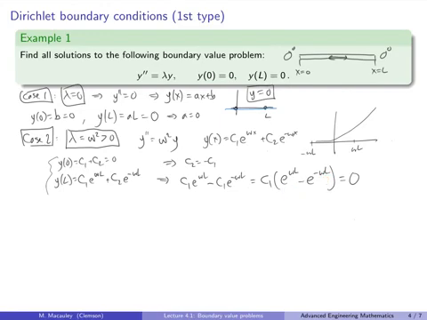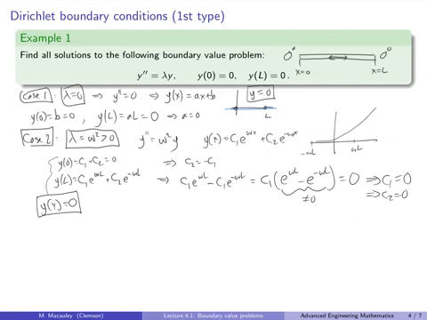So this is never going to be equal to 0. So that tells us right away that c1 has to be 0. So if c1 equals 0 and c2 is its negative, then c2 equals 0. So here we also get that y of x equals 0. So we get no non-trivial solutions here.